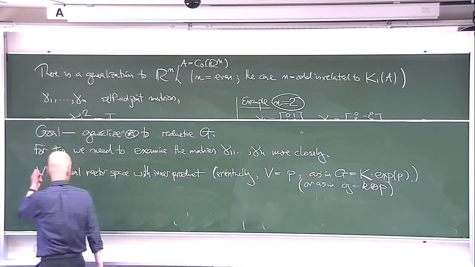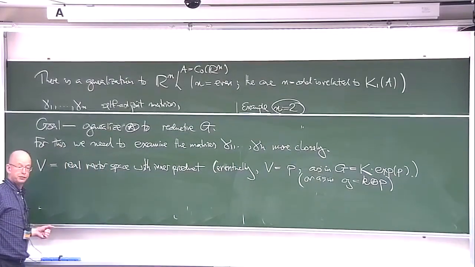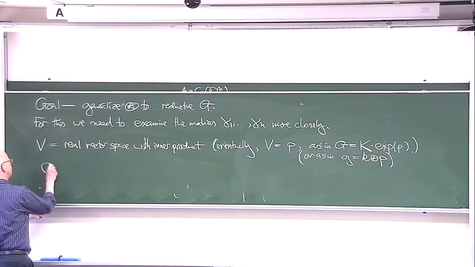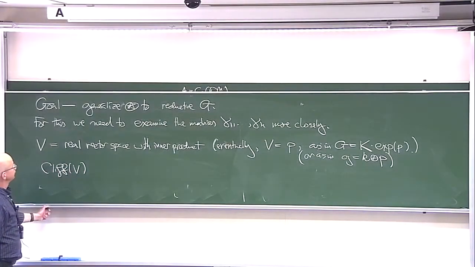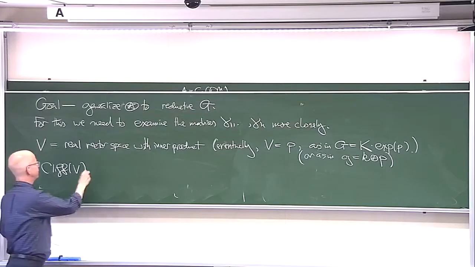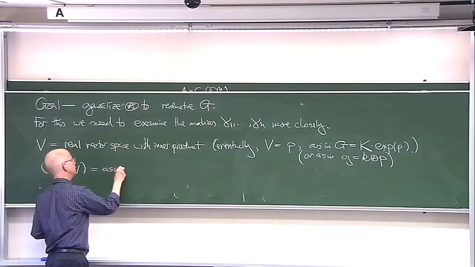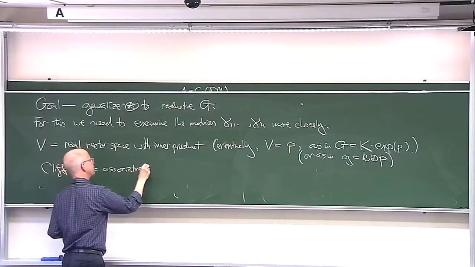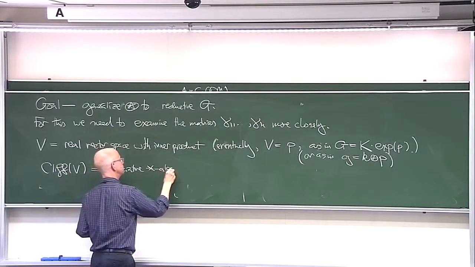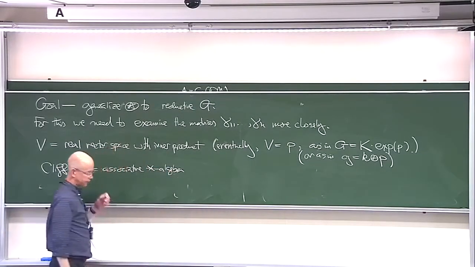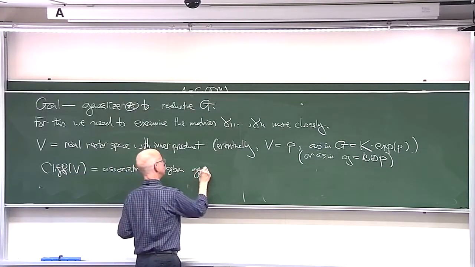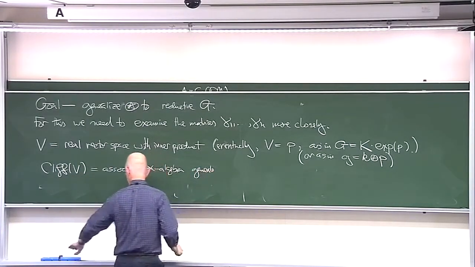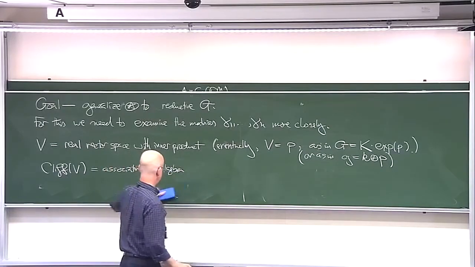Anyway, but for the moment, let V just be some vector space, and then this is an abstraction of what's on the board behind. This is just the associative algebra. In fact, it has a natural involution. Let me explain how this thing is built.